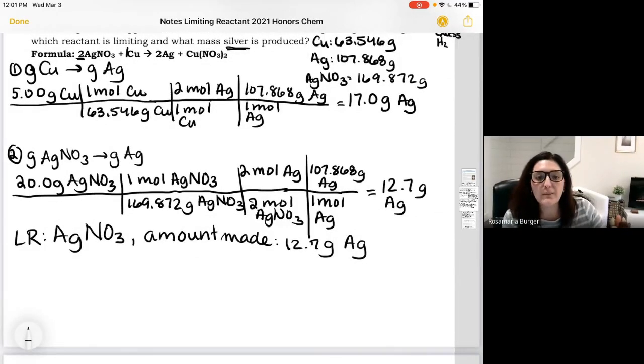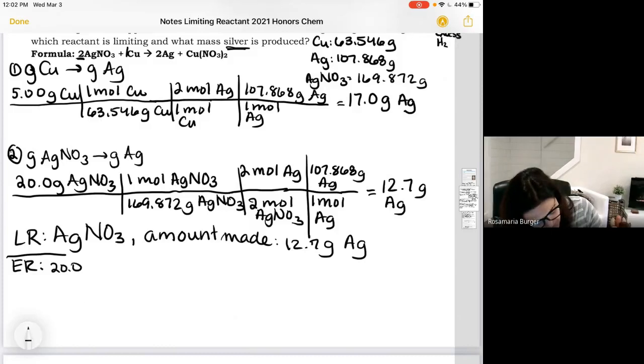Okay, our limiting reactant here was silver nitrate. So let's start with the amount of silver nitrate. So let's get our excess reactant down here. So we're going to start with 20.0 grams of AgNO3.